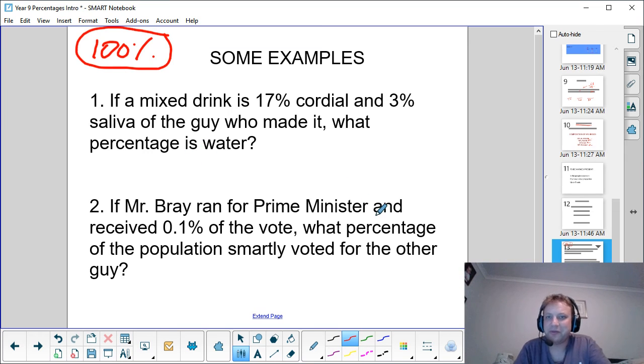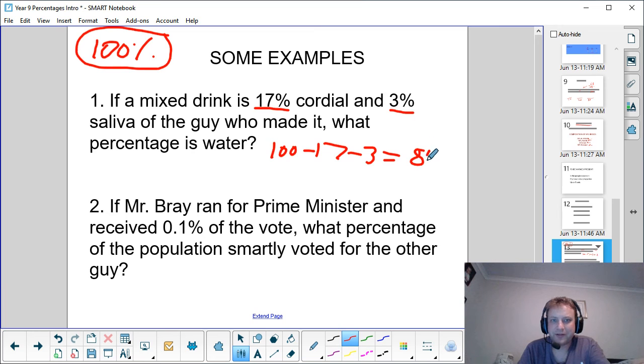So if somebody makes you a drink, they put 17% cordial in, a good ratio, then they spit in it, so there's 3% saliva in it. What percentage is water? You'll get this right because you know that everything has to add up to 100%. So start with 100%, take out the cordial, take out the spit, and you're left with 80% water.